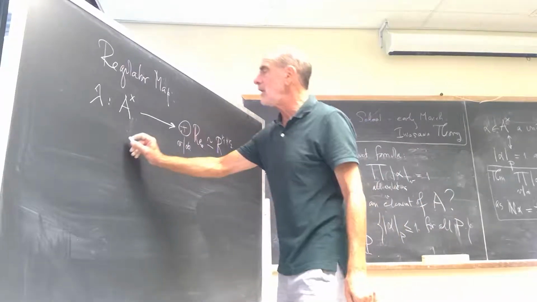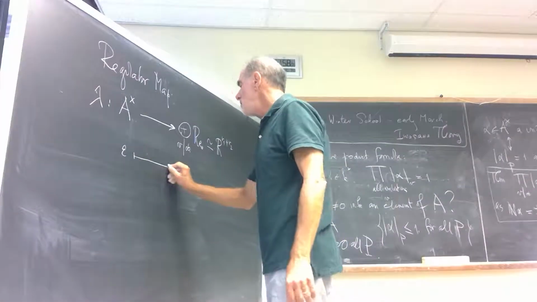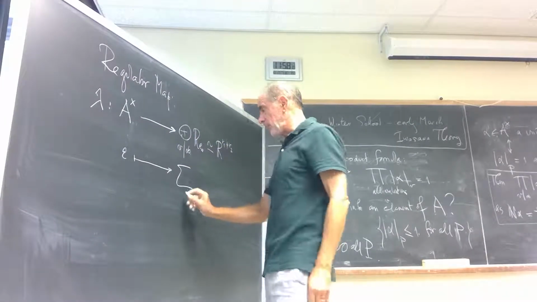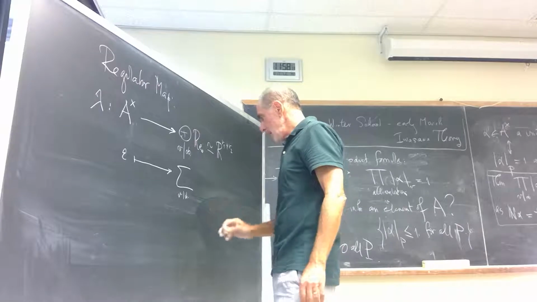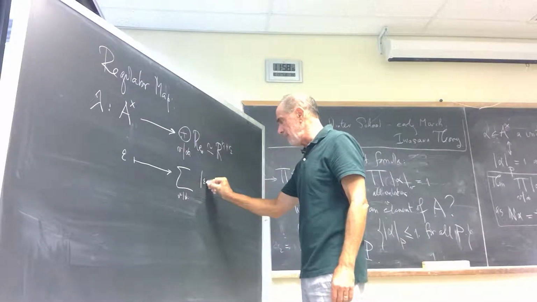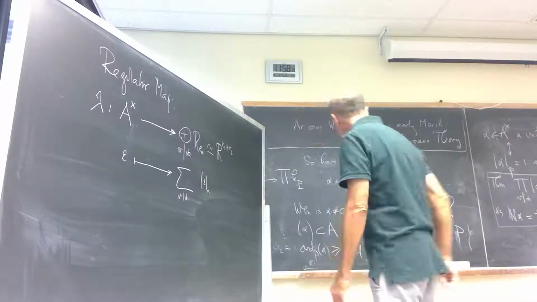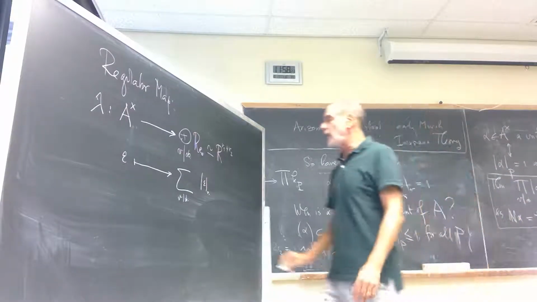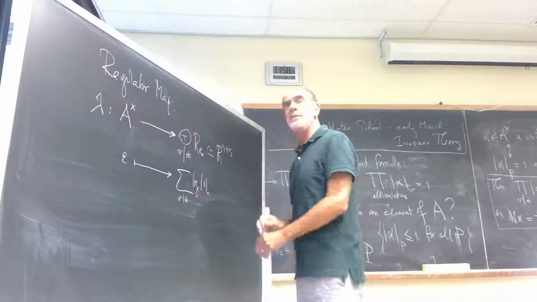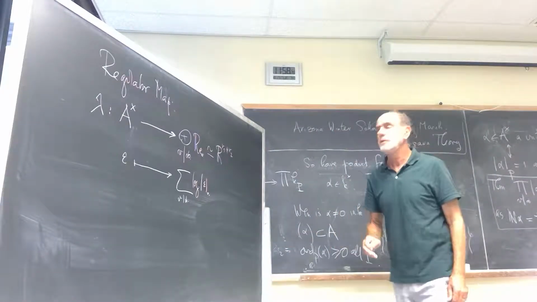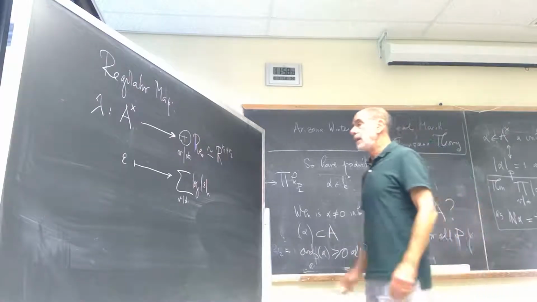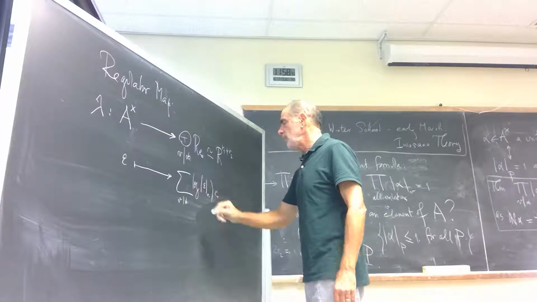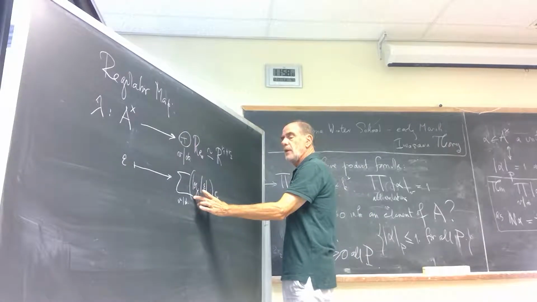And here's the map. You take a unit epsilon, and you map it to the sum. So you have to put a real number for each basis vector for v dividing infinity. And you take the absolute value of epsilon_v, which is some positive real number, not necessarily 1, and you take its log. And by log, I mean the integral of 1 over x, that log, times the basis element. So the coefficients are these logs.